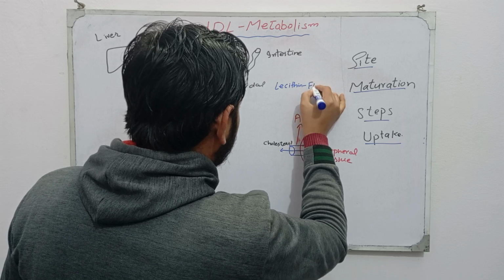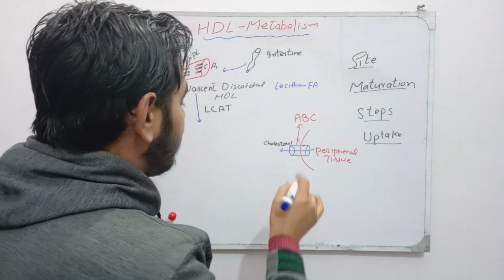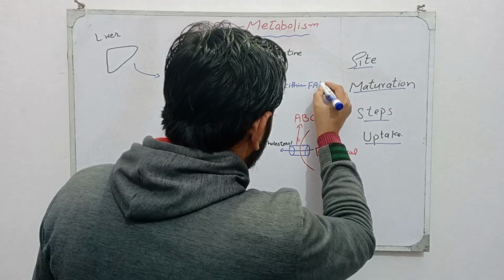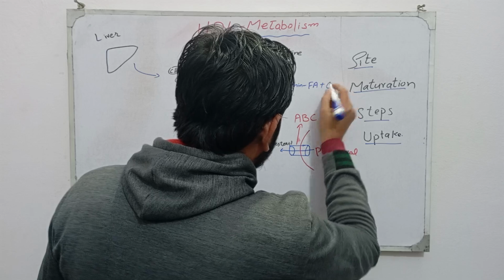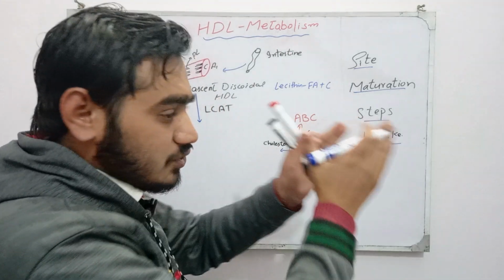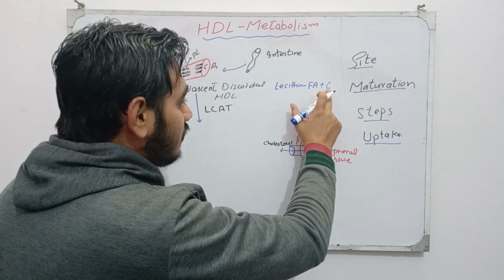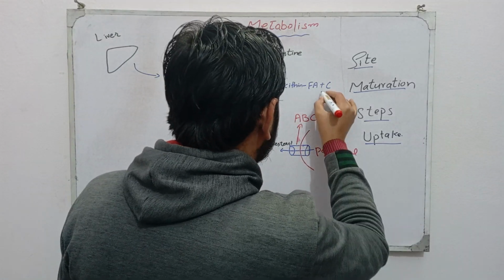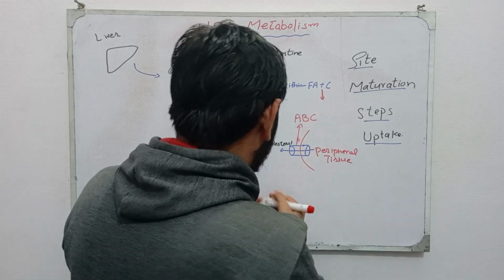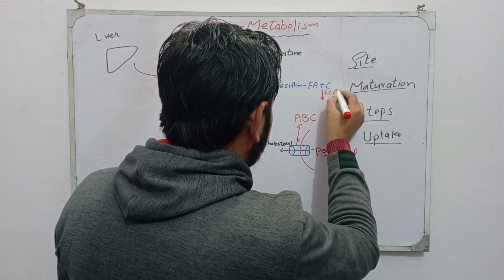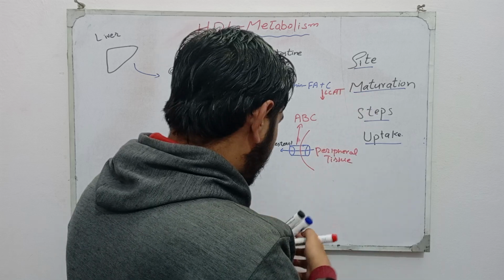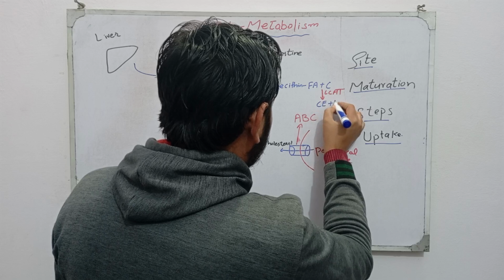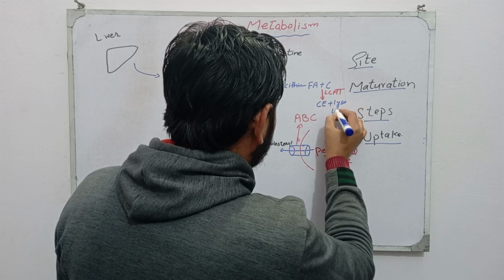The fatty acid, mainly unsaturated fatty acid, which is attached to carbon number 2 of this lecithin, transports toward the third position of cholesterol, and with the help of the enzyme lecithin cholesterol acyltransferase, it converts into cholesterol ester and lysolecithin.